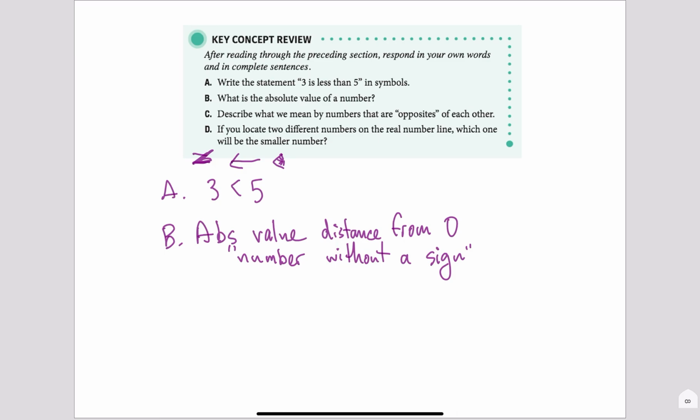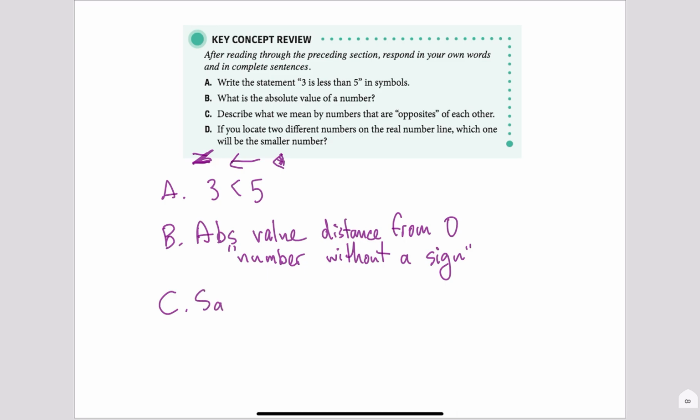Okay, C. Describe what we mean by numbers that are opposites of each other. Well, I gave you a hint to this earlier, right? Numbers are opposites of each other when they are the same distance from 0 on the number line, or, in other words, they have the same absolute value, or when you combine them, you get 0.